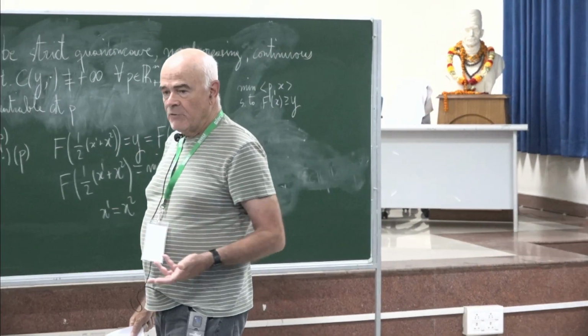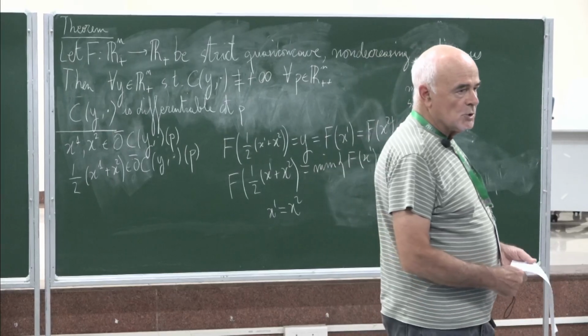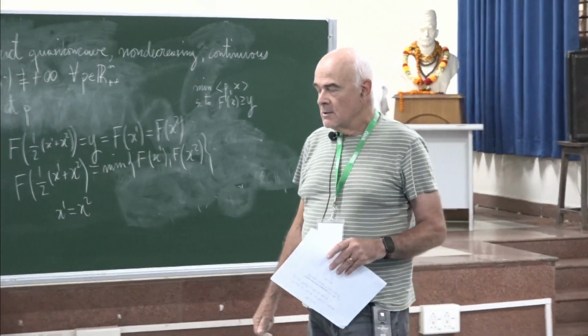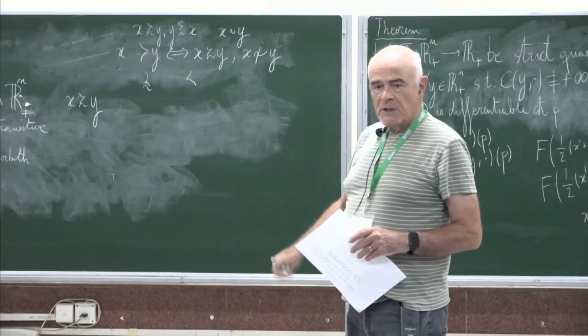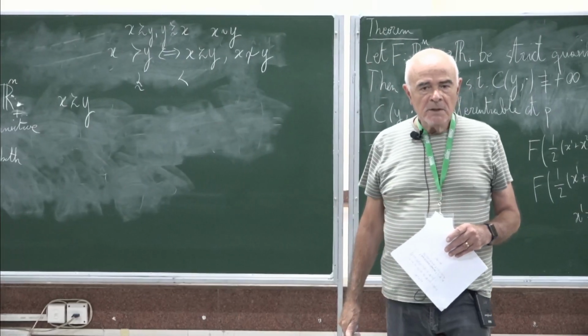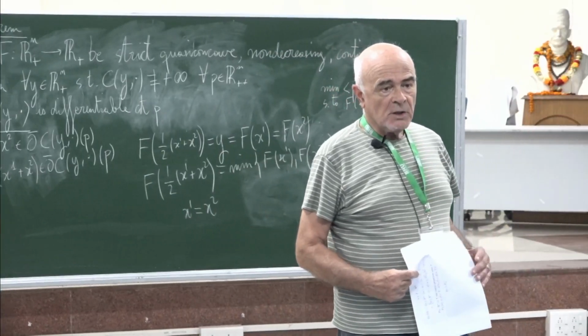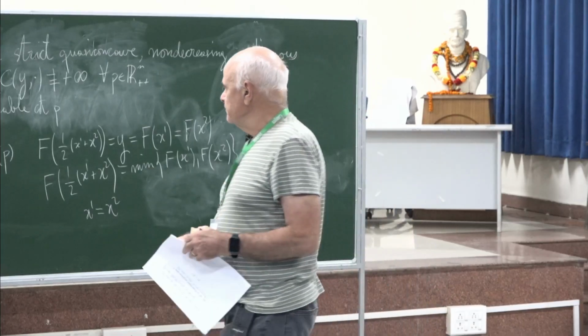You don't see any function so far. So we are going to introduce functions, so-called utility functions. So in some cases, your preferences may be represented by a function. Then it is called a utility function representing your preorder. What is a utility function?